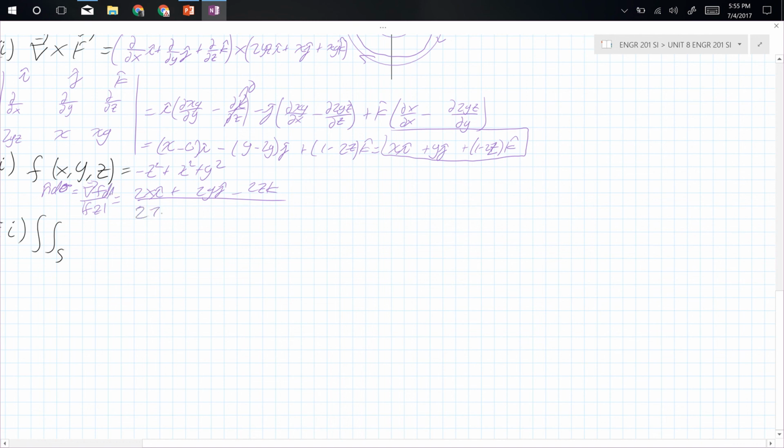So it's going to end up being 2z since it's a magnitude. Then dA xy. So this will equal x over z i plus y over z j minus k, dA xy.